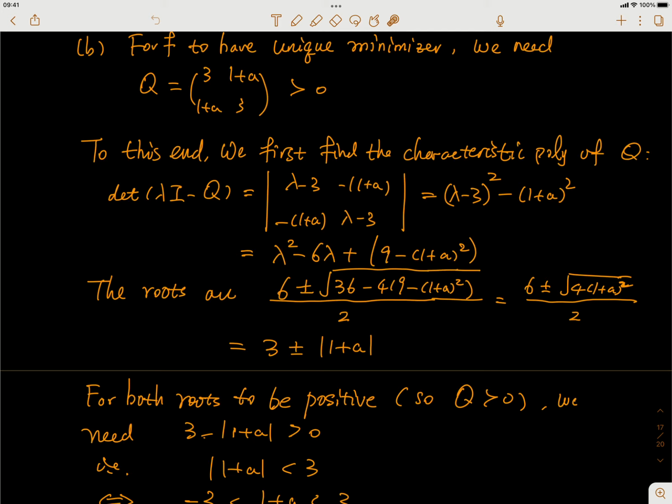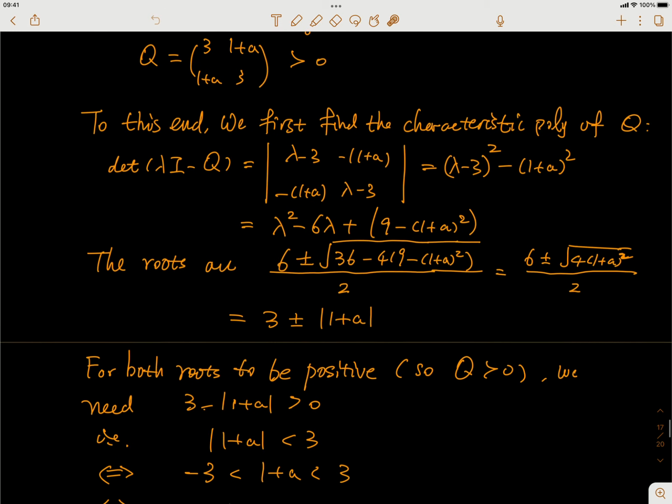So we can simplify this. You can see that 36 and this 36 will cancel. We have 4 times (1 plus a) squared, and we have 6 outside, and we have 2. So the 4 can come out, becomes 2, and then we have 3 plus minus the square root of (1 plus a) squared. That's just giving us the absolute value of 1 plus a.